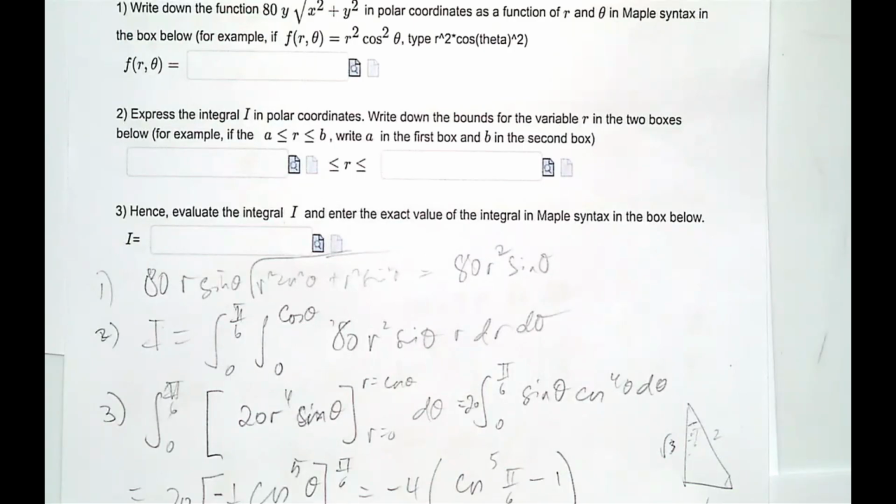So for part 1, I've just put in x equals r cos theta, y equals r sine theta, and I get some simplification. That's what I'm going to get.